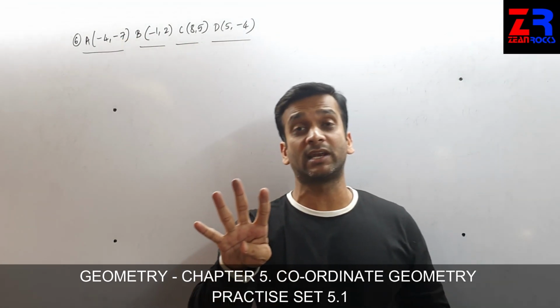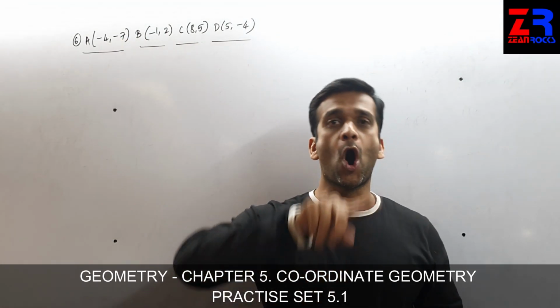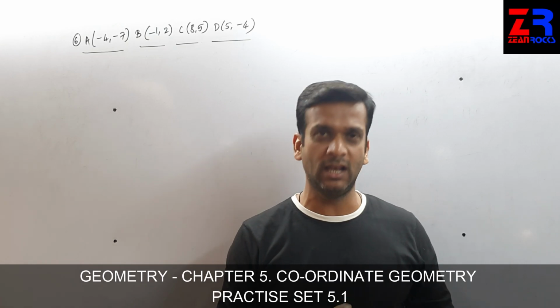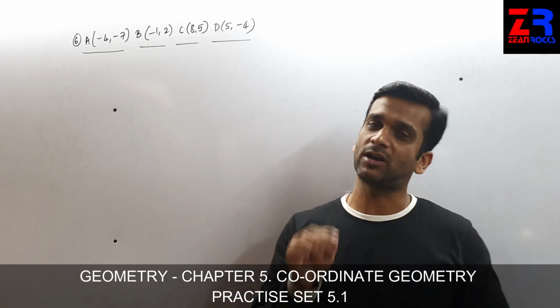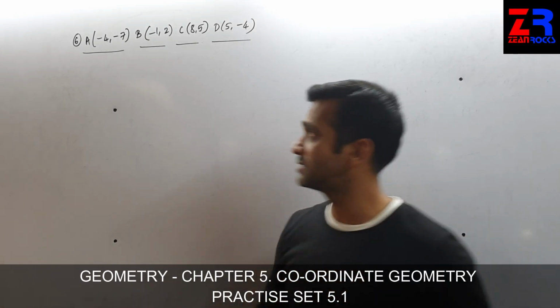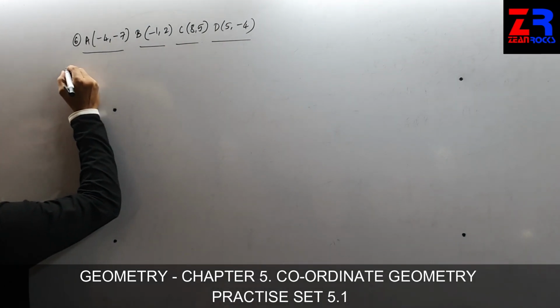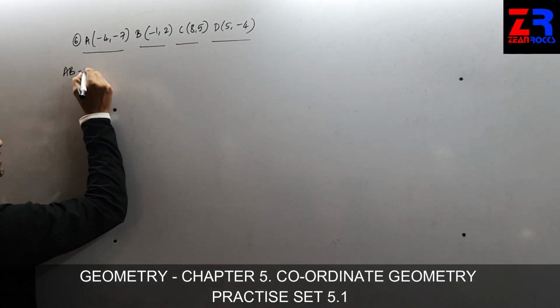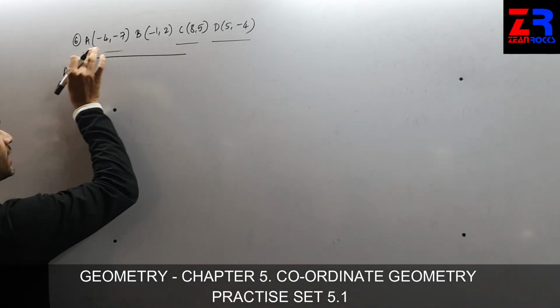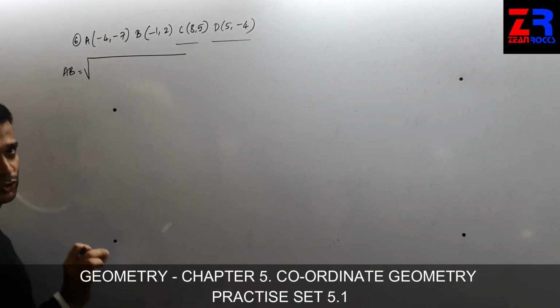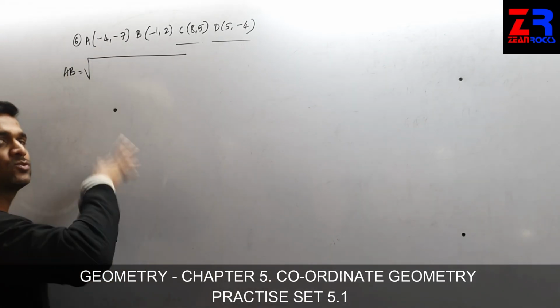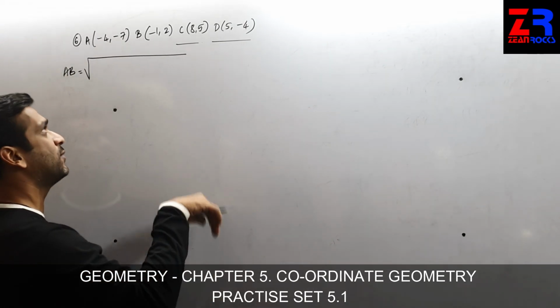After finding all four segments, if all the sides are equal, then I can say that quadrilateral ABCD is a rhombus. Let's start. Let's find distance AB. I am not writing the formula. Directly I am going to do it. x2 minus x1 square plus y2 minus y1 square.